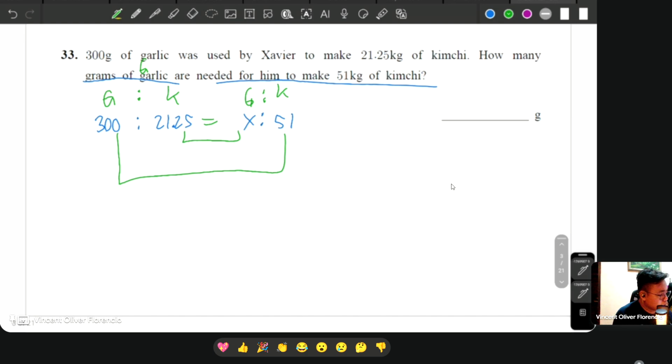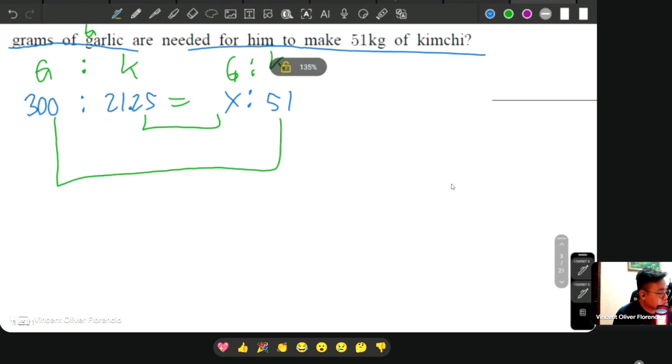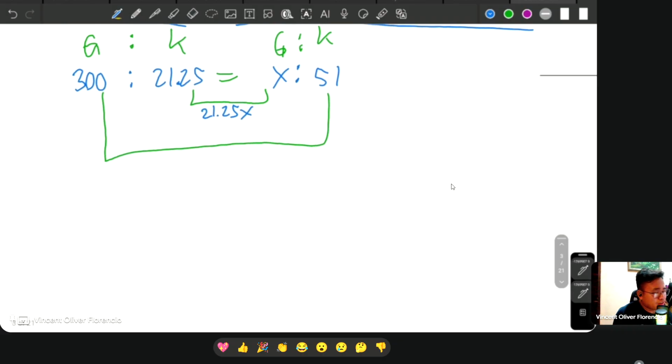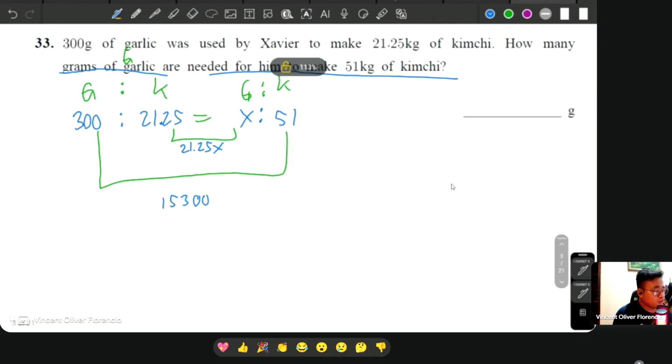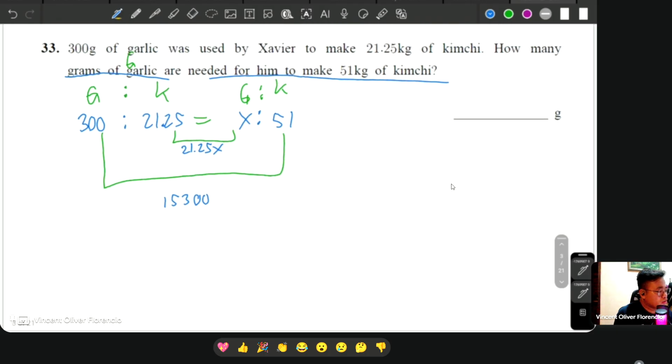So, 21.25 times x, definitely it's going to be 21.25x, and then 300 times 51, that should be 153 followed by 2 zeros. Now I mean to say, again, the means and the extremes should be the same.